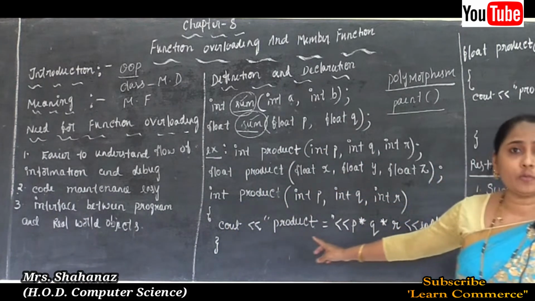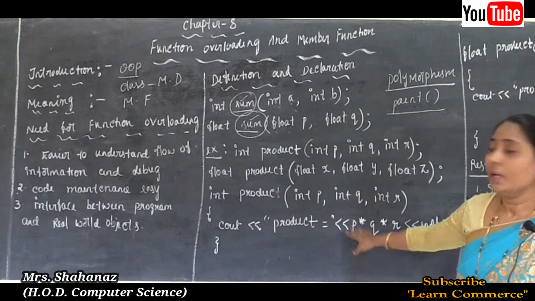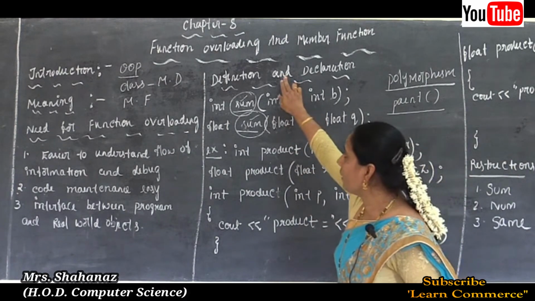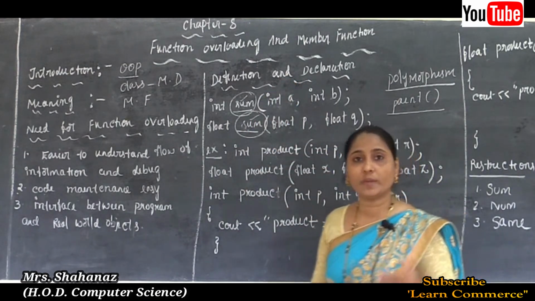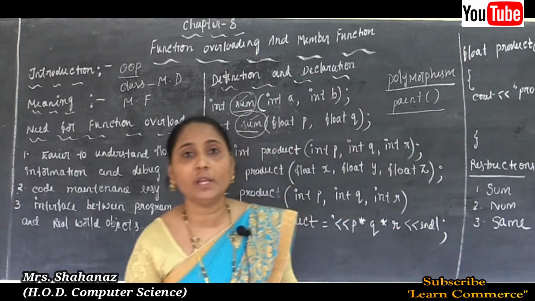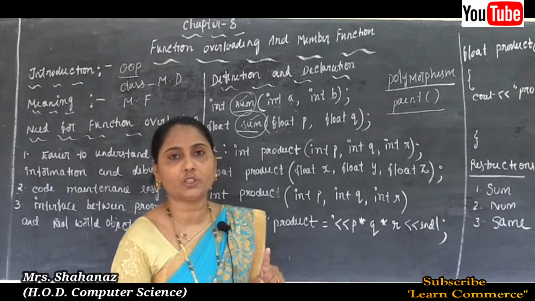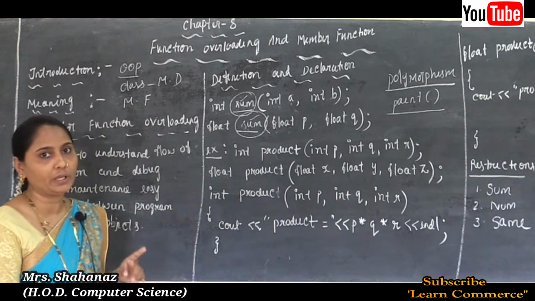So in this case, the compiler calls the required function. If you are using function overloading, the code execution is very fast compared to having a number of separate functions. So this is one advantage of function overloading. Clear this point?